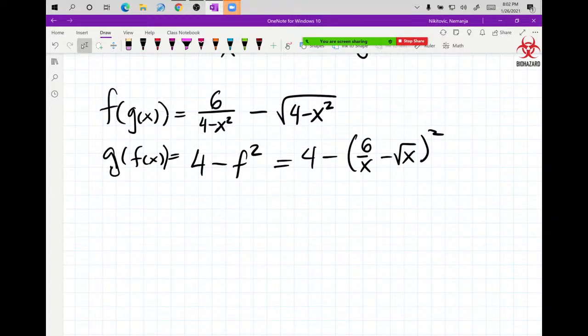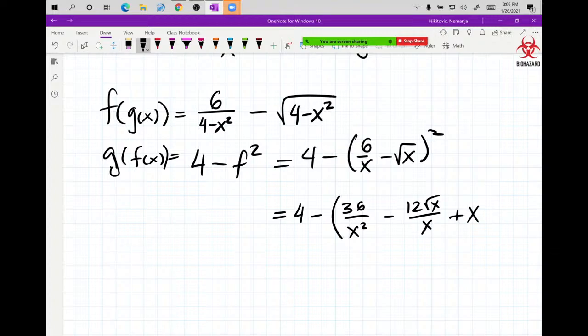Anyway, now this one we can actually simplify. 4 minus 36 over x squared minus 12 root x over x, and then plus x.